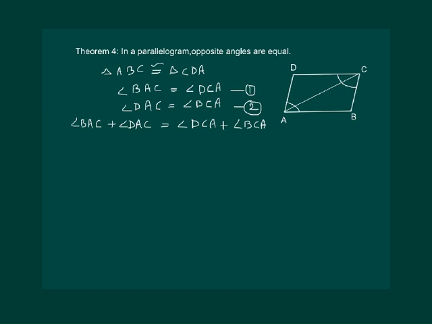So this can be written as angle A is equal to angle C. Similarly, if we take the other diagonal and prove the triangles congruent, we can arrive at the result that angle B equal to angle D. Hence, we have proved that in a parallelogram, opposite angles are equal.